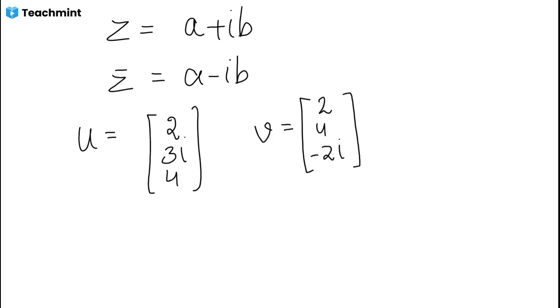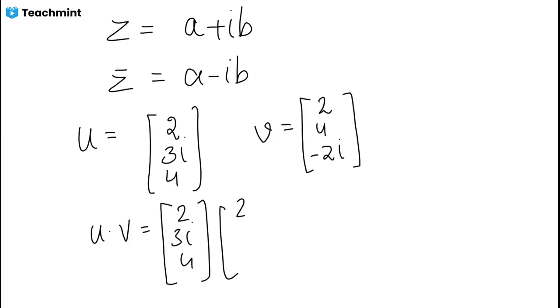Let us multiply them to find the inner product: 2, 3 iota and 4, multiplying with 2, 4, minus 2 iota.